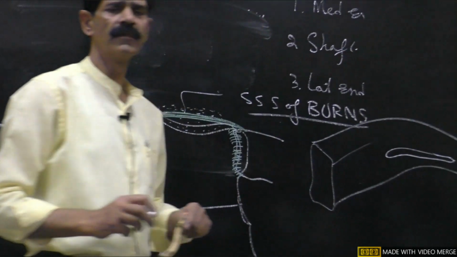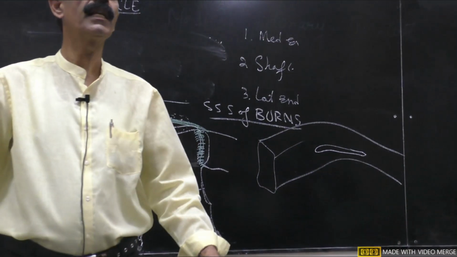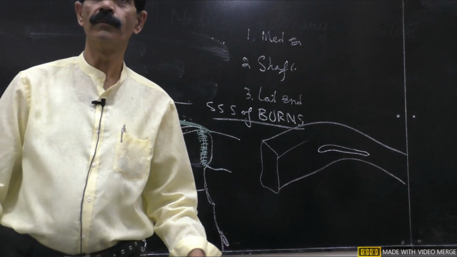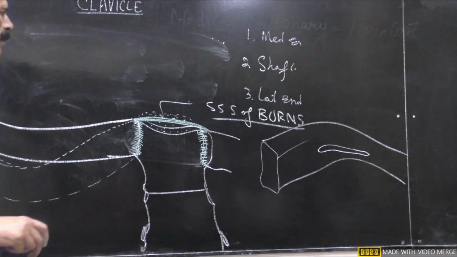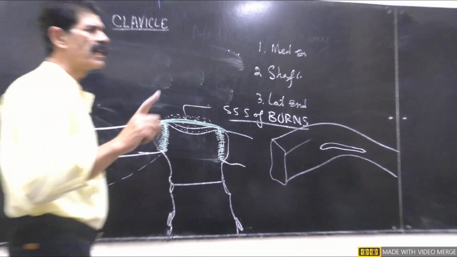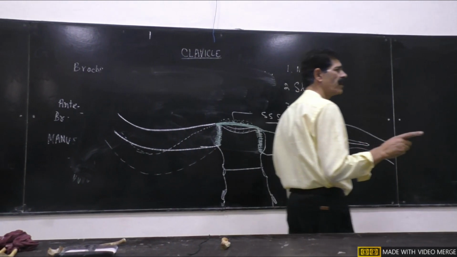This is called the subclavian groove. And you already know what the subclavian groove is for, because you have done it: it is for the insertion of the subclavius muscle.